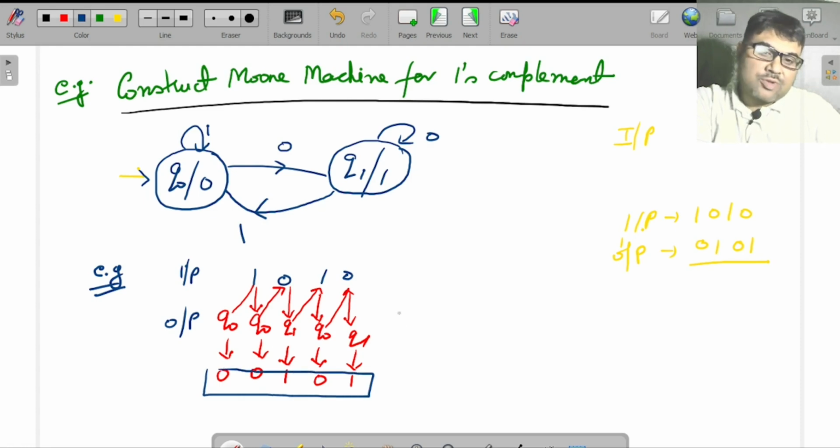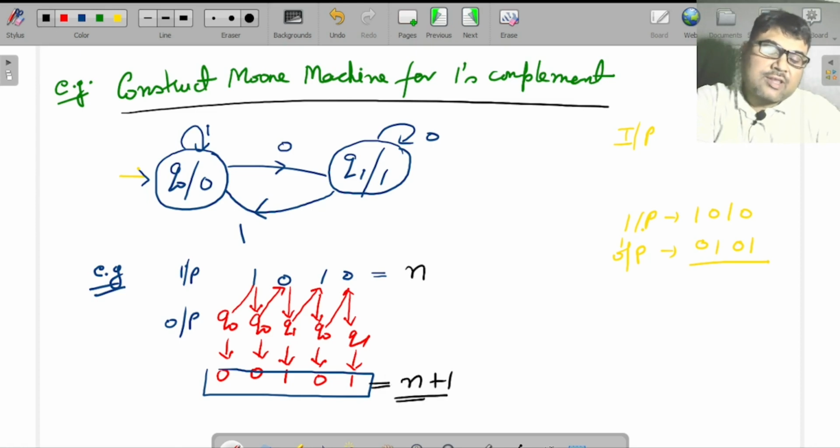Here, there is one more thing you can learn. If the size of the input is n, the output size is equal to n plus 1, because at the beginning you start from some state and that state already contains an output. So at last you can ignore this most significant bit.